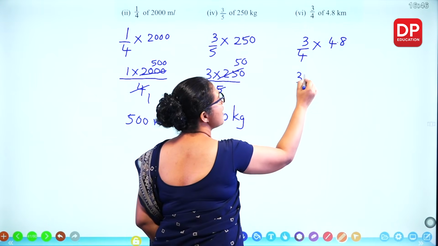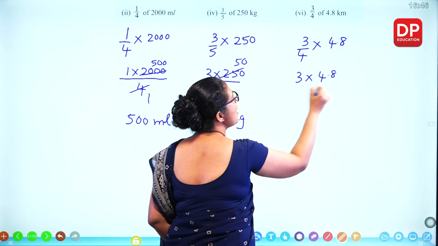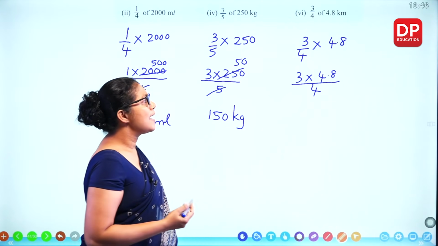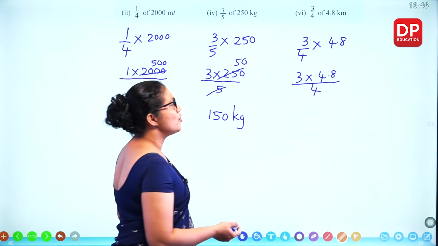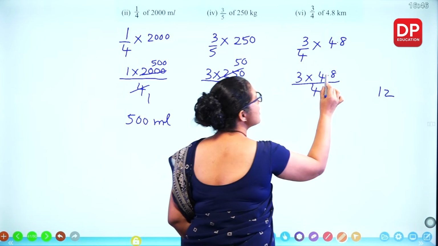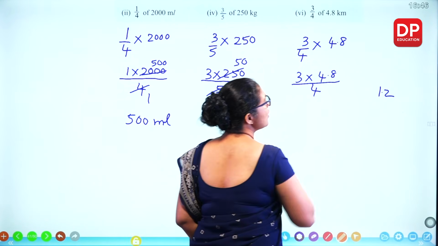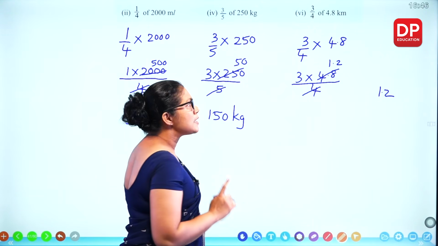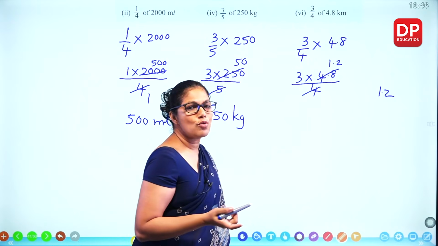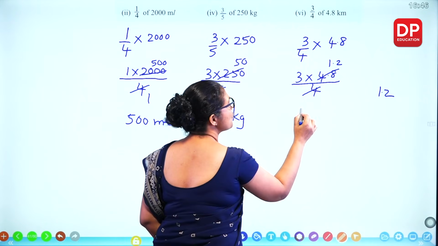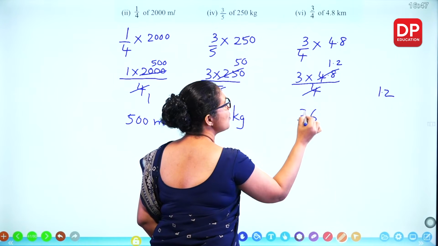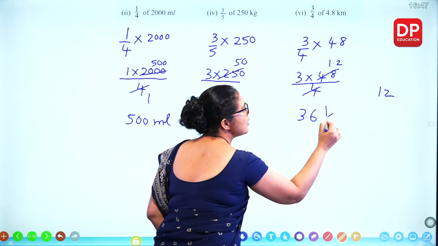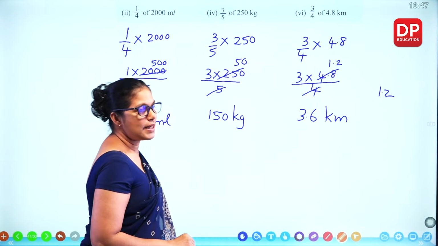Again, you can rewrite 3 times 4.8 divided by 4. How do you divide decimals? You simply take 48 divided by 4, you get 12. Then you consider the decimal point, you get 1.2. How do you multiply decimals? Just 12 times 3, 36, and then you keep the decimal point. This is in kilometers, so the answer is also in kilometers.